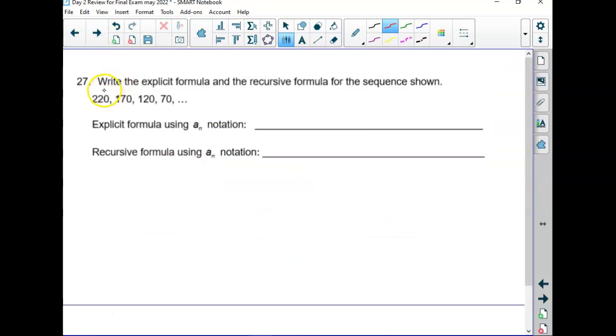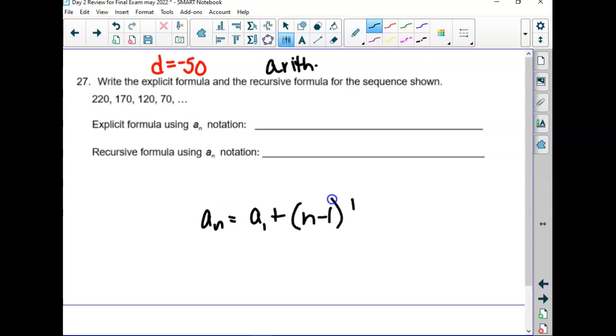All right. We have a sequence question here. What kind of a sequence is this? Yes, they are doing what? So d is -50. Now, if you look at the reference sheet for an arithmetic sequence, the formula says a sub n equals a sub 1 plus (n - 1)d.